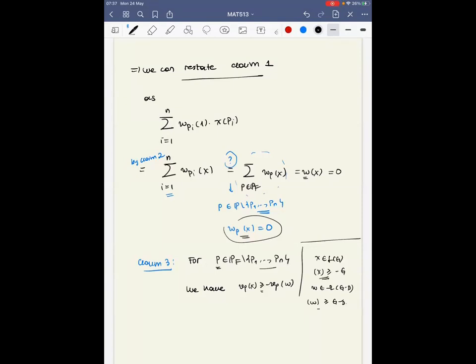By using this, let me say, for the discussion session, it can be better. Discussion session. And by using these facts, we can see that VP of X is bigger than or equal to VP of omega.